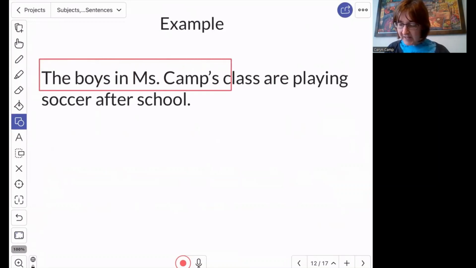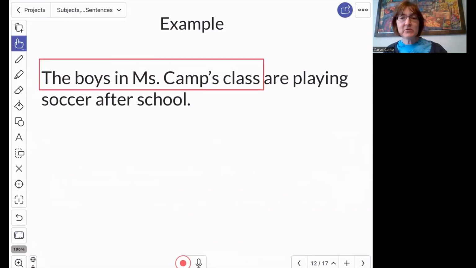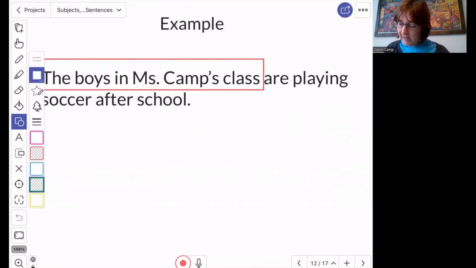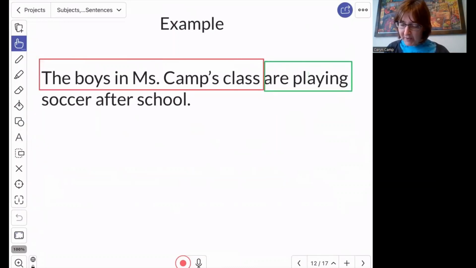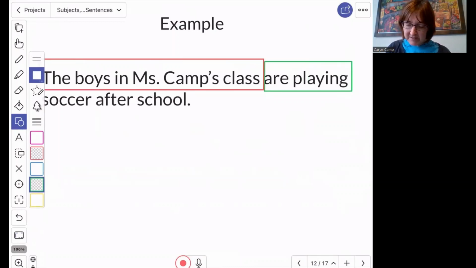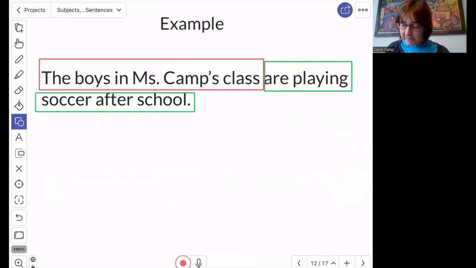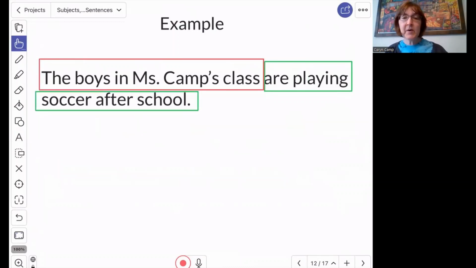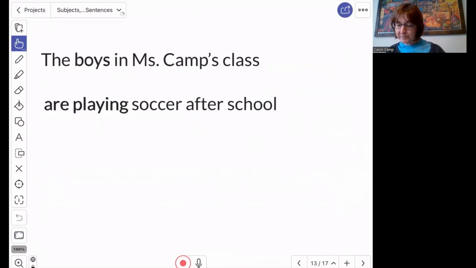The boys in Miss Camp's class, that's who the whole sentence is about. And then what are they doing? That's actually the simple predicate. But to get all the rest of the words in the sentence, we are going to say that what's in the green box is the complete predicate. So that lets us include all of the words in the sentence.